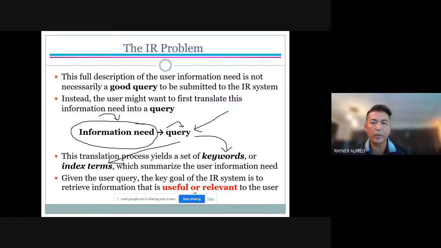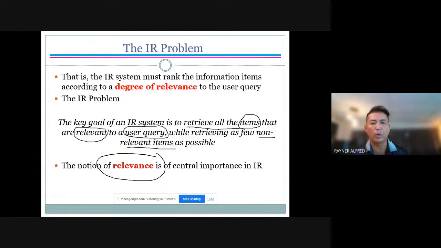The query that we are talking about is actually the keyword or index term that we have stored in the system when we take the document. So when we want to retrieve the document, it depends on how useful or relevant that document is with respect to the query that we are typing here. So when we talk about the actual problem that we're dealing with in IR, let me erase this one first.